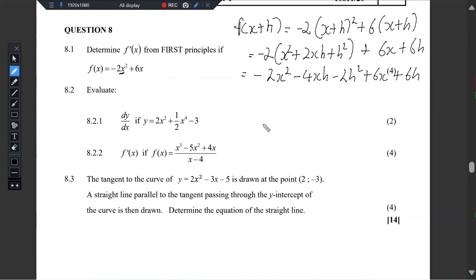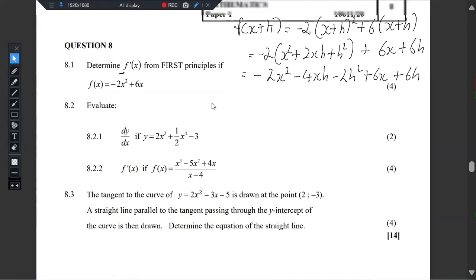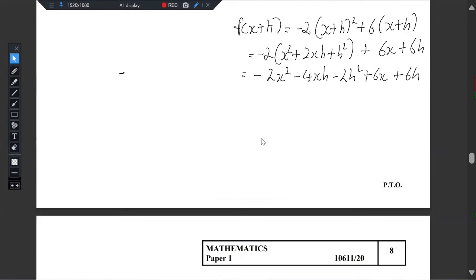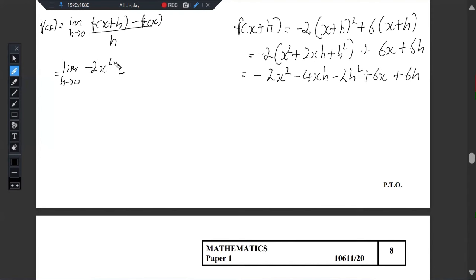But then remember, our f of x is like that. So at this point, this is where now you have to do your lim thing. So f prime x is lim h approaching 0, f of x plus h minus f of x over h. Then you always have to make sure that you don't forget that lim, because they might penalize you for that. So you have your whole expression here.